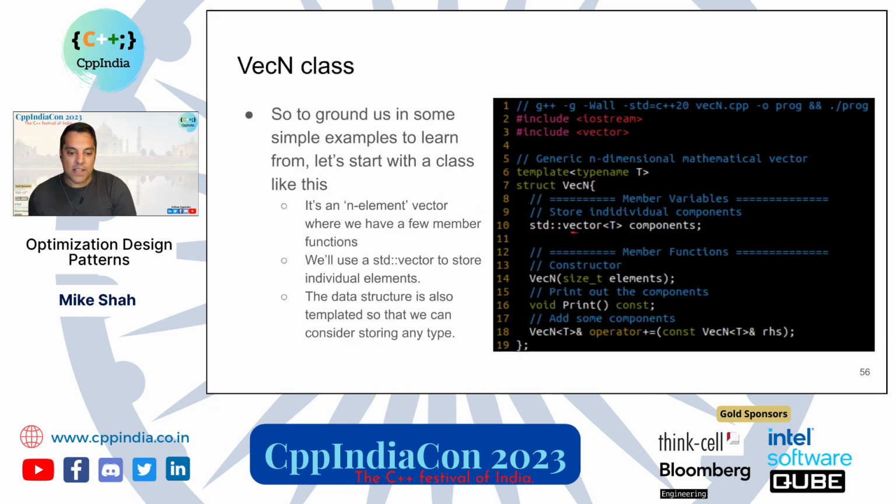I suppose we could just say standard vector. In fact, that's the type that we're going to use inside of this structure to store our components. So here's the name of our structure, vec(n). You can take in any type of data, so maybe we want to work with floats, ints, whatever it might be. And we'll store those components here and maybe perform some operations. So we'll figure out how big this structure is, we can print it out, and maybe we can add 2 vectors together. So that's what we have here.